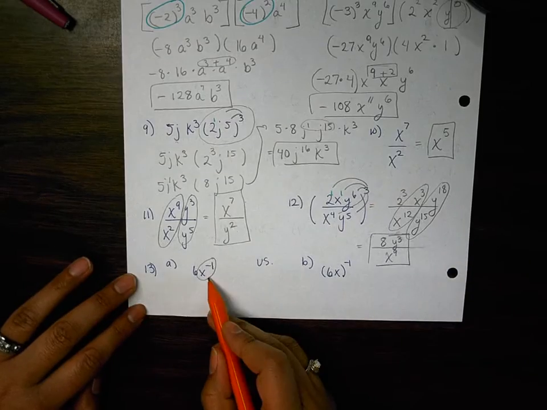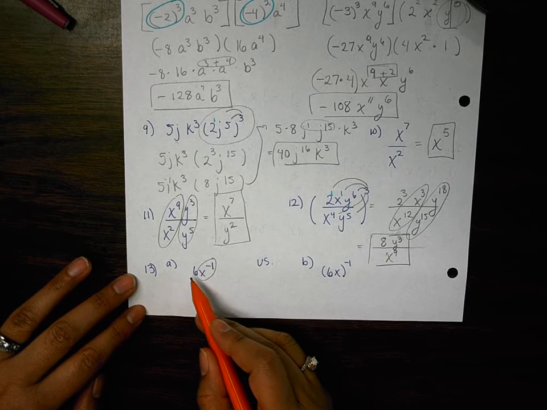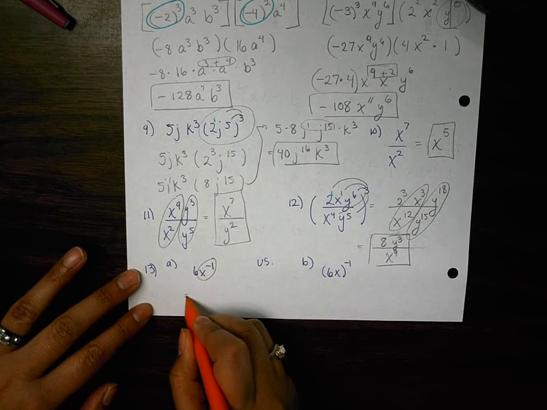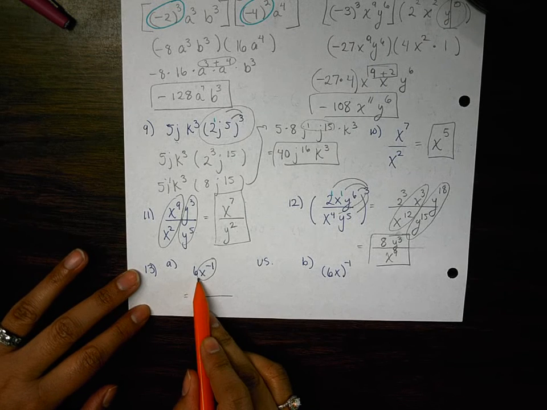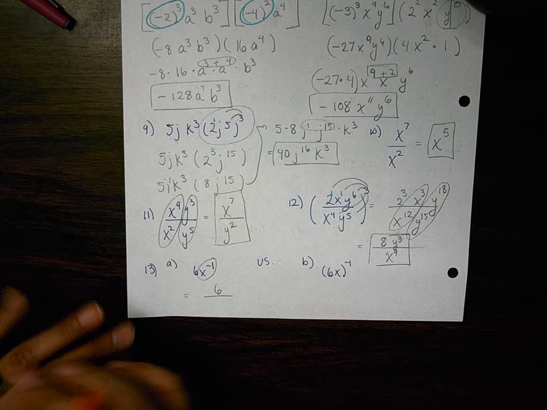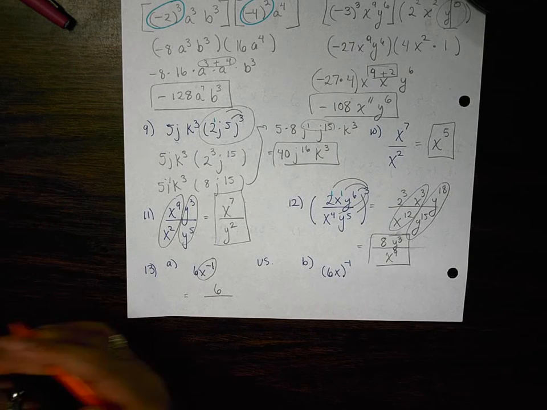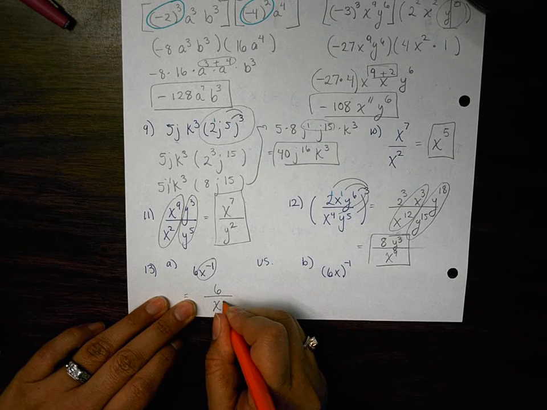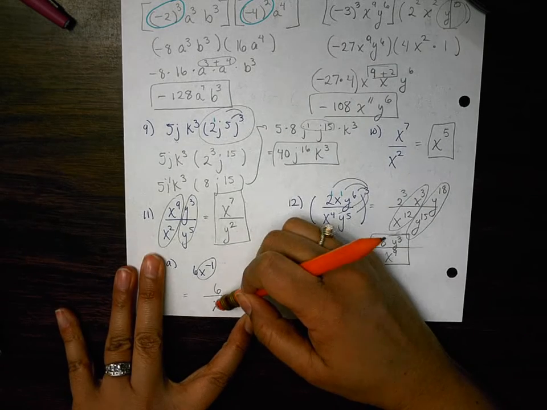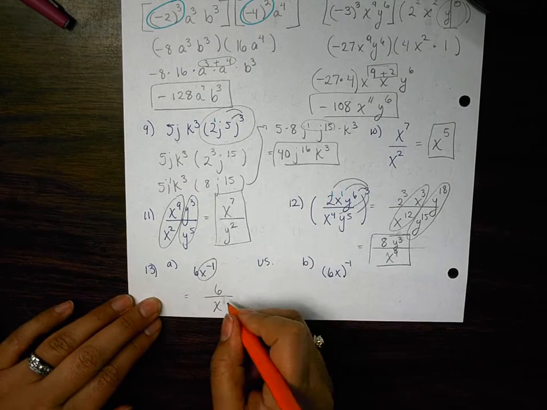Is it going to go to the bottom or stay at the top? What's the 6 doing? Staying at the top or moving down with the x? Staying at the top because there's no negative. But the x is moving to the bottom and it's x to the positive 1. Do you have to write a positive 1? No, it's okay if you do, it's not necessary. So 6 over x is the final answer.